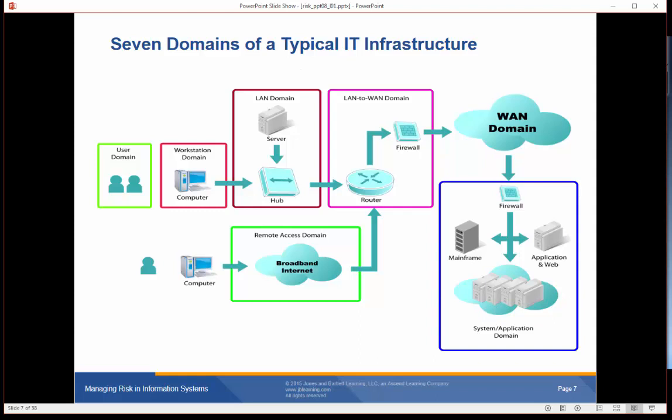The system application domain refers to servers that host server-level applications, like email servers that receive and send email for clients, database servers that host databases accessed by users, applications, or other servers, and DNS servers, the domain name system, which provide names to IP addresses for clients.